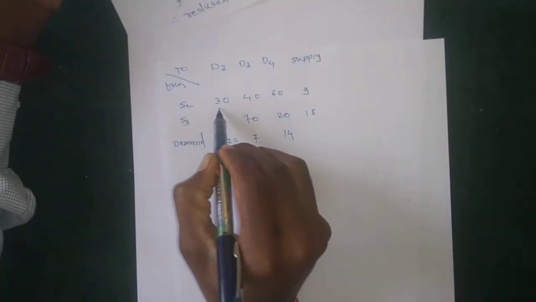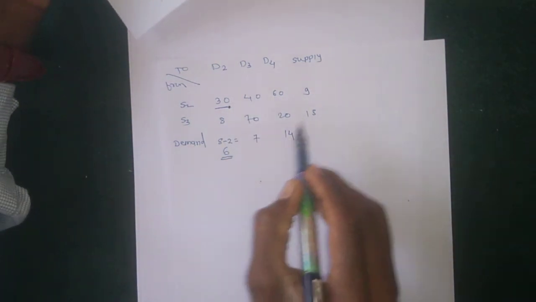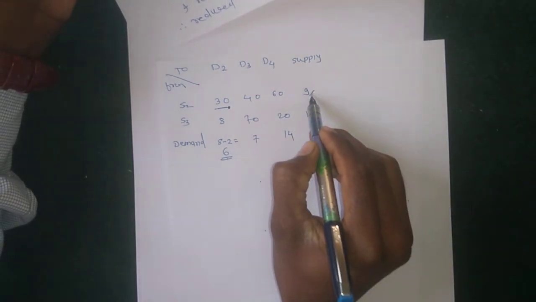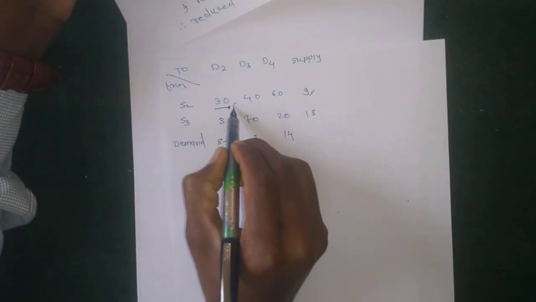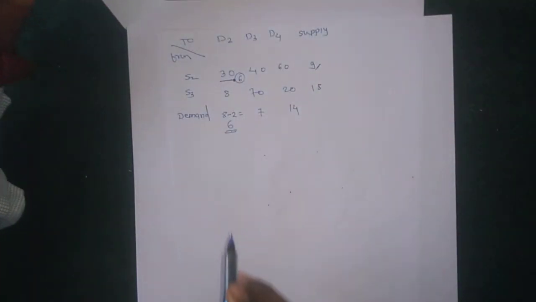Again start at the northwest corner, where the value is 30. Here 6 is less than 9, so allocate 6 and remove column D2.